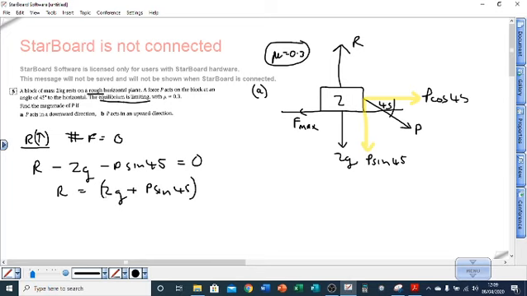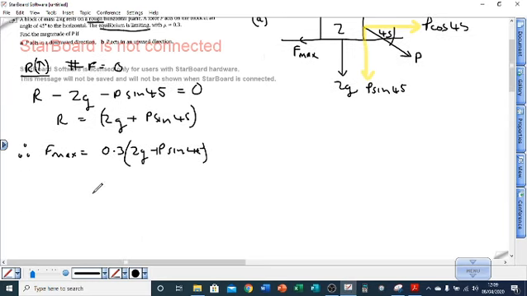Then, because we're in limiting equilibrium, we know that F max will simply be equal to mu R, and mu is 0.3, so that's 0.3 multiplied by 2g plus P sin 45. Okay, so that's all we can get to so far with that.